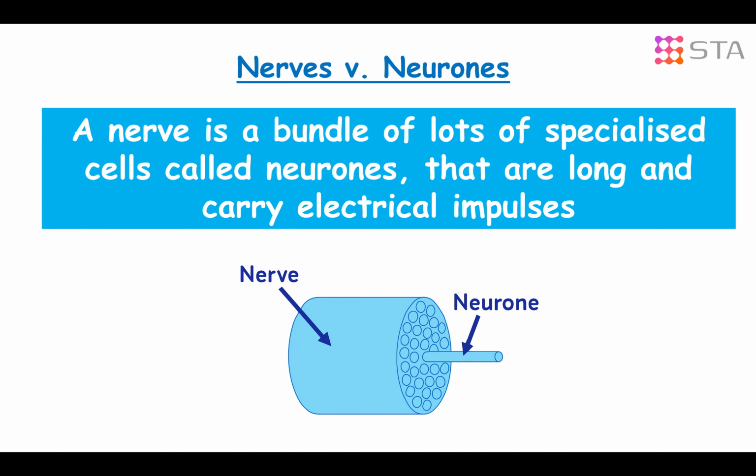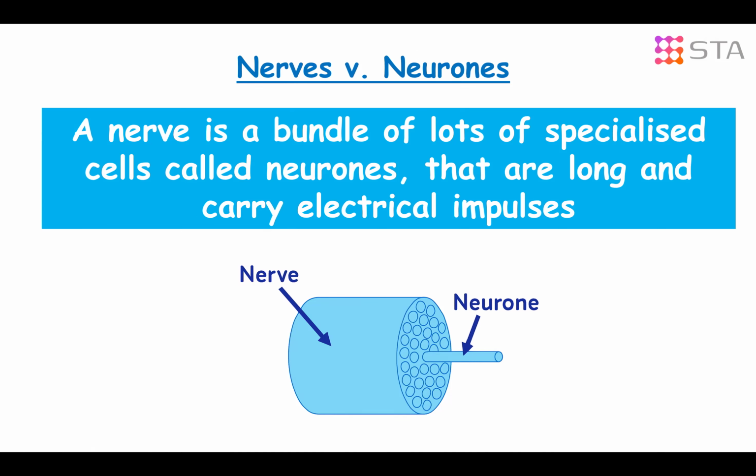Okay, so first of all, what is the difference between a nerve and a neuron? A nerve is basically a big bundle of wires. So a nerve is like a cable, like you might have cables coming into your house, carrying your internet connection or carrying electricity. So the nerve is like a big cable, and the individual wires inside it are called neurons.